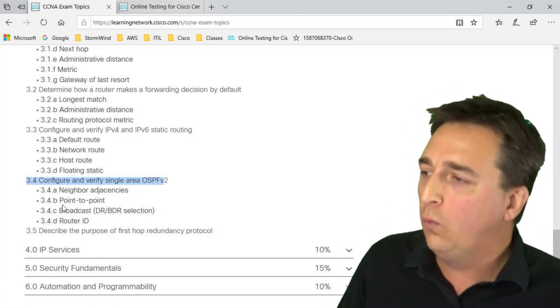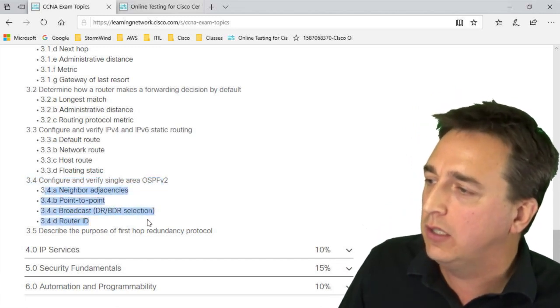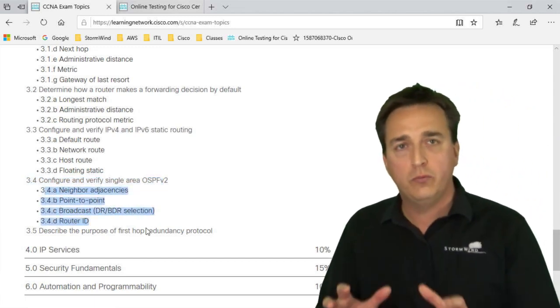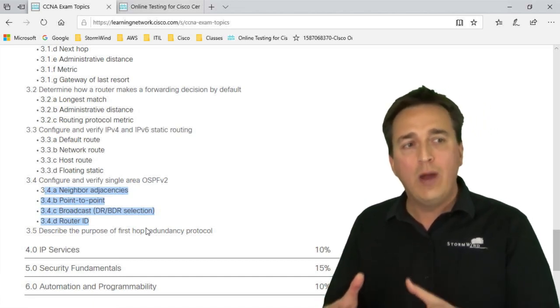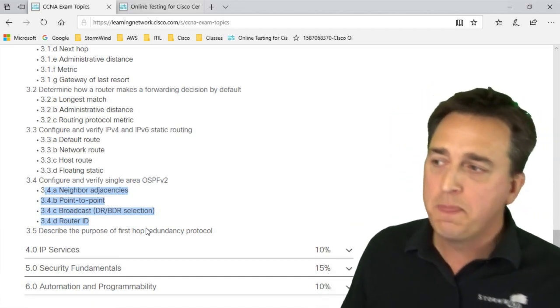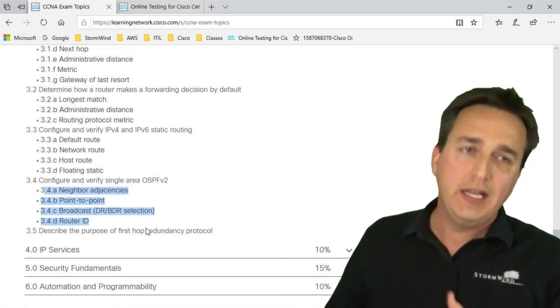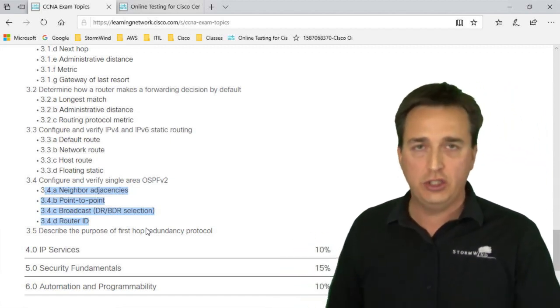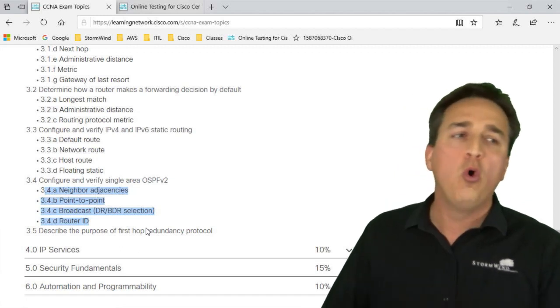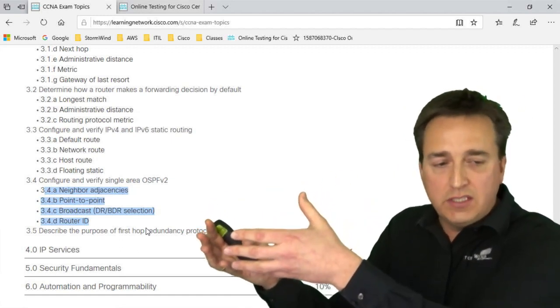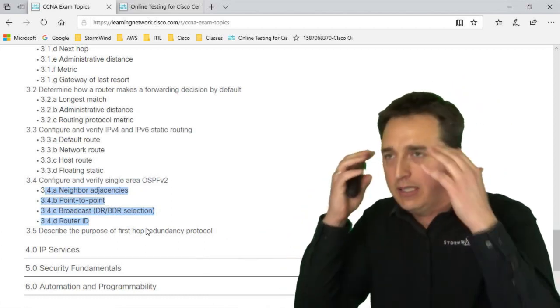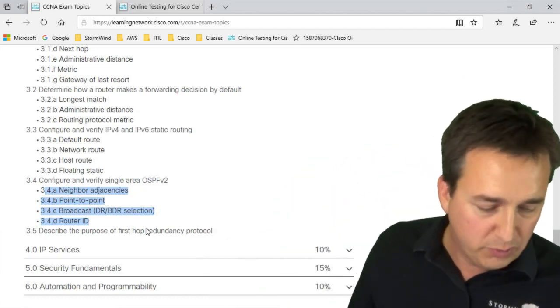But what's missing here is a little bit more detail in regards to OSPF packet types as well as OSPF states. Although with a neighbor adjacency the hello packet is utilized, we need to know more than just the hello packet. When you analyze exam objectives and you see neighbor adjacencies, the first thing that comes to most people's mind is simply the hello packet.